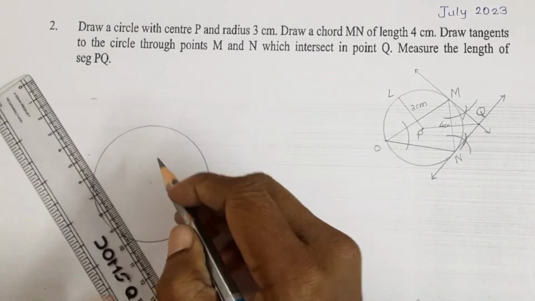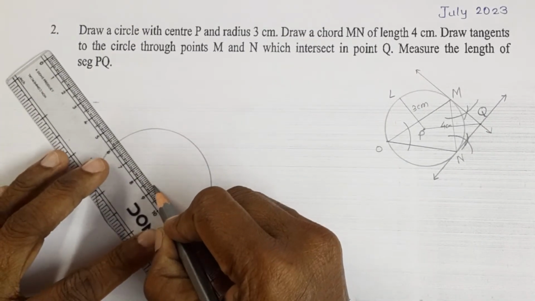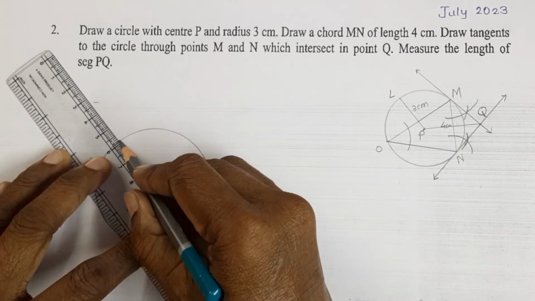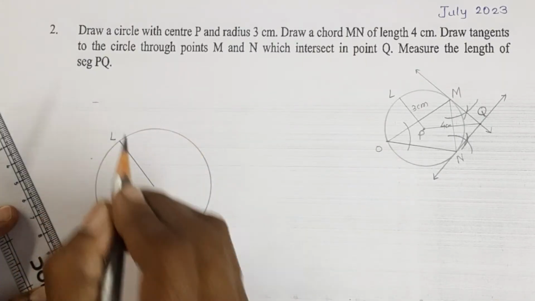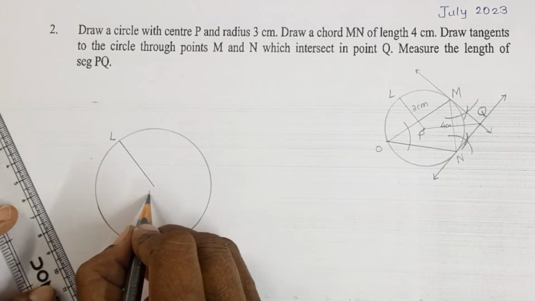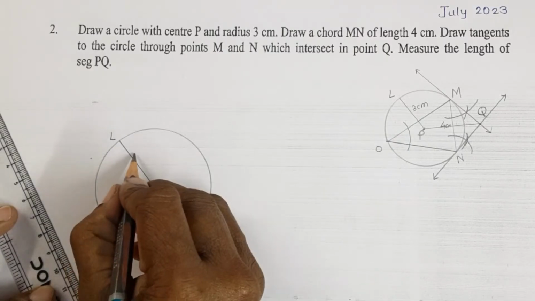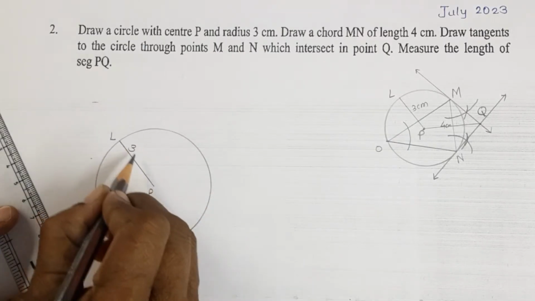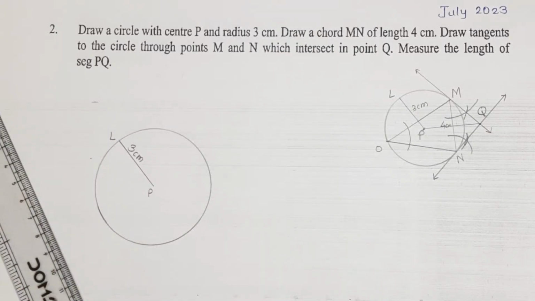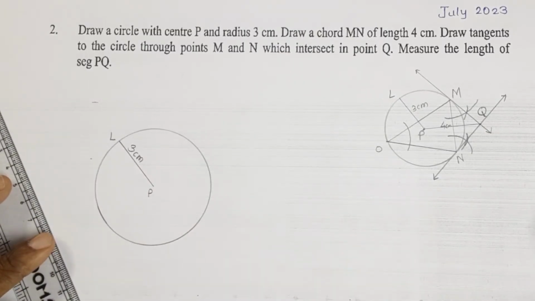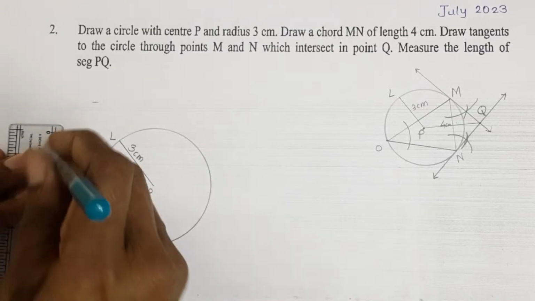Then I draw the radius L, here center P, show that it is 3 centimeter. Then draw the chord MN, which is 4 centimeter.